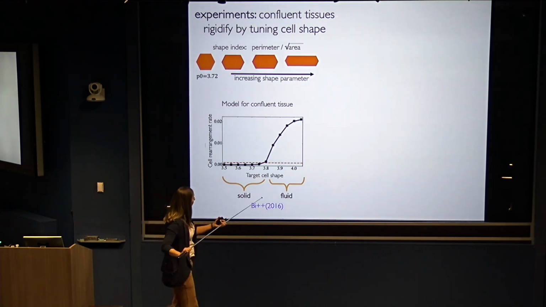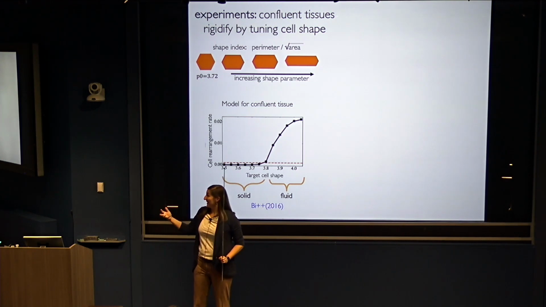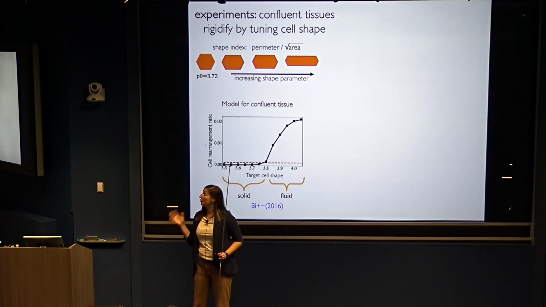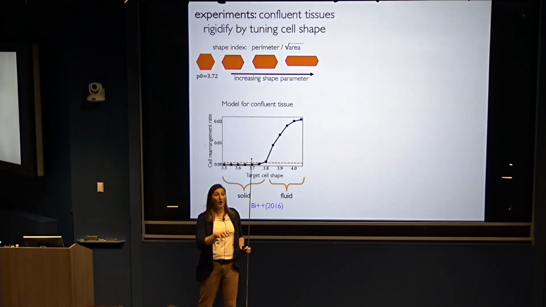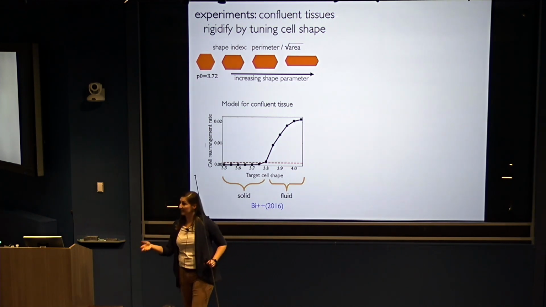But if I go to the fluid phase, then I expect even at that exact same temperature, I'll see the cells all moving around and changing neighbors. So that's something you can measure in an experiment. You can say, how often do cells change neighbors as a proxy for whether the cells are in the fluid state or the solid state, assuming that there's some small level of fluctuations in a tissue.